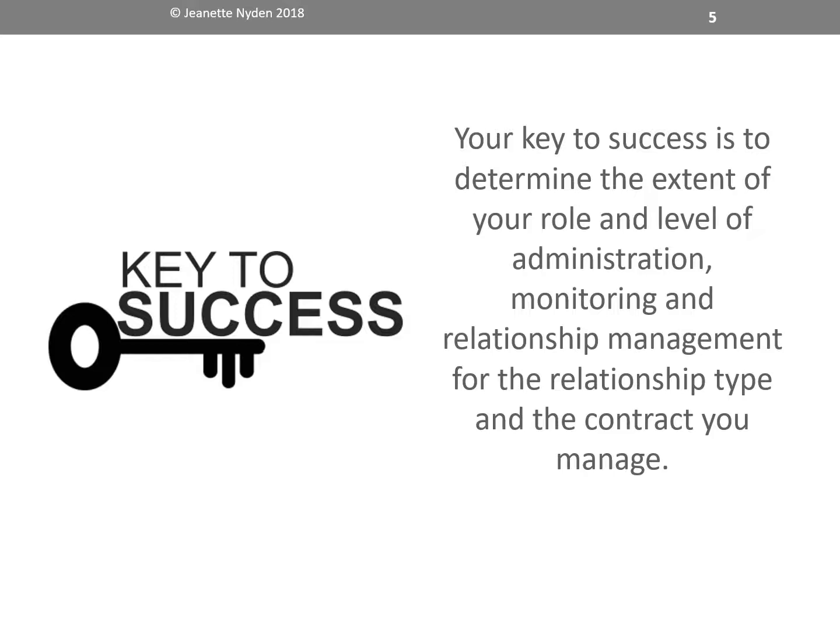Does it have incentives? Does it have service credits? So you have to determine the relationship type, and then you have to look at the contract itself, and then you develop the role of monitoring that either you or a colleague must perform to get a critical level of performance. This is true for the customer and for the supplier.